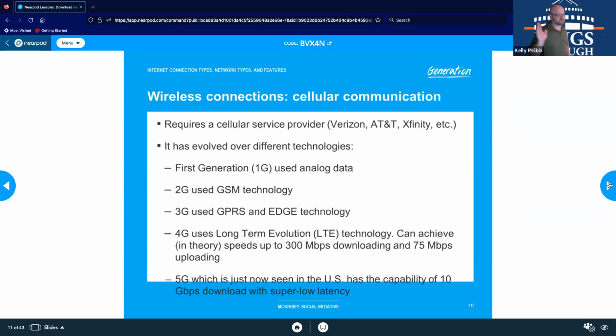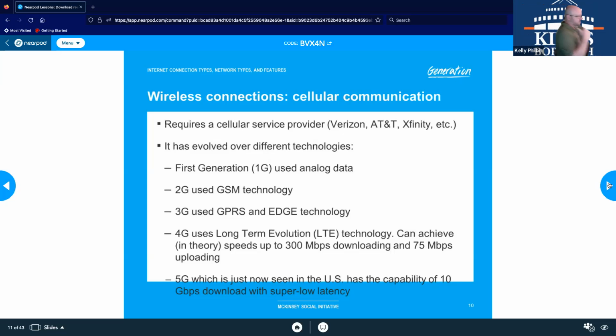They already had this stuff on lock. We're still catching up, but we're getting there slowly but surely. Understand that the G behind that number, the difference between 4G and 5G, means generation. That doesn't mean gigabytes or gigabits or any of that stuff. It literally means the generation of technology that you're using.